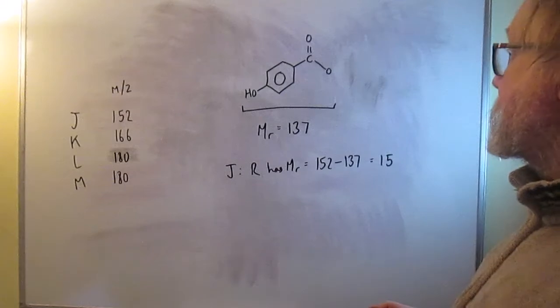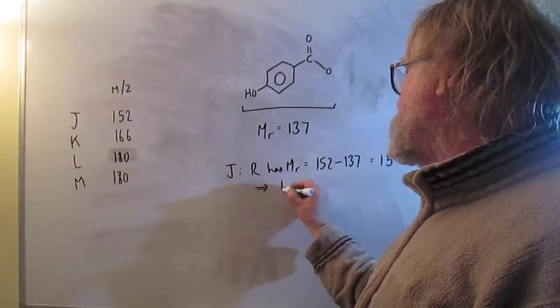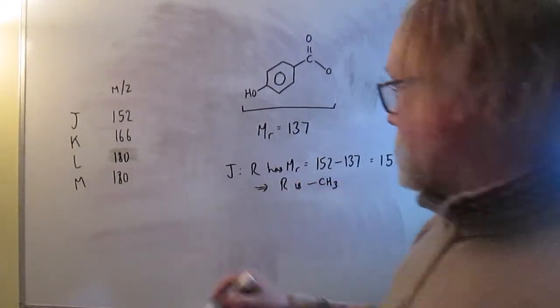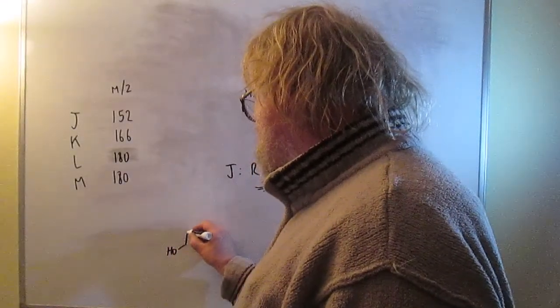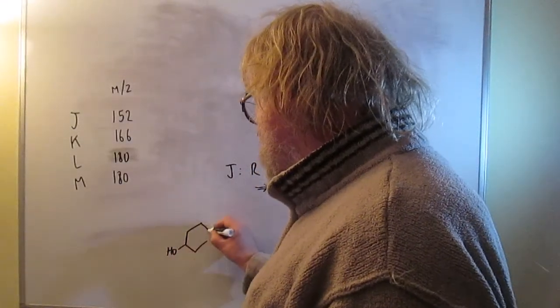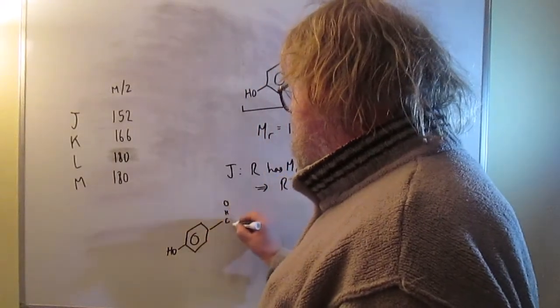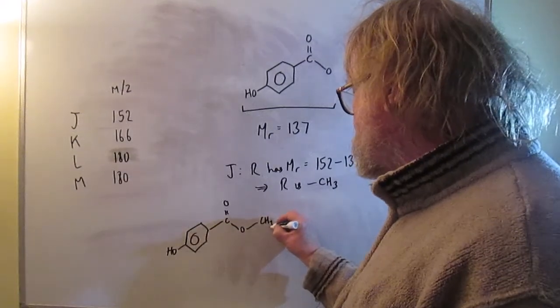CH3 adds up to 15. So R is CH3, but you have to draw out the whole thing. This was a slightly annoying thing about this question, but you know, just do what it tells you to. So you draw the whole structure out, and then it's just got the methyl group stuck on there.